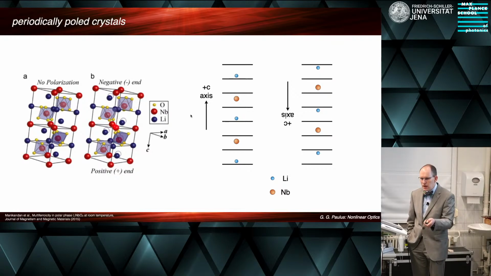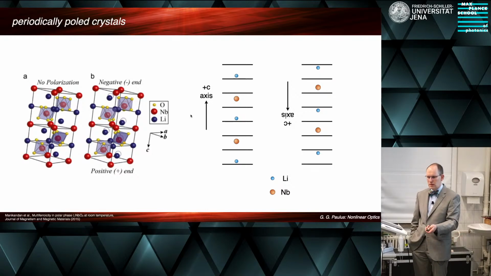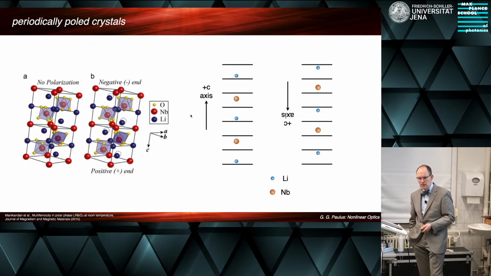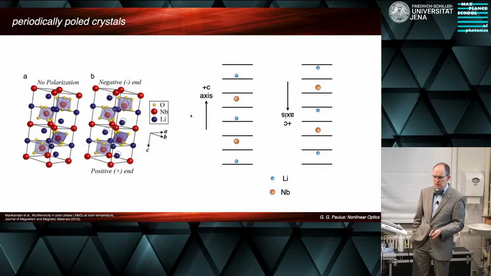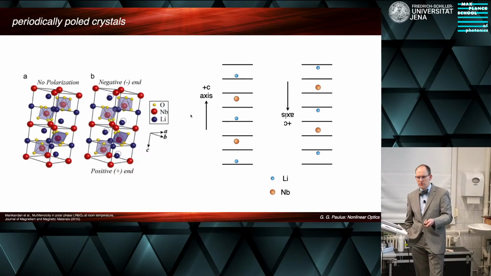And if you look very closely, so here there's no polarization, but here if they are polarized, then the positions of the niobium atoms are a little bit shifted, for all the niobium atoms in the same direction, and because of the different electron affinity of the niobium as compared to lithium and oxygen, this gives then a permanent dipole moment.